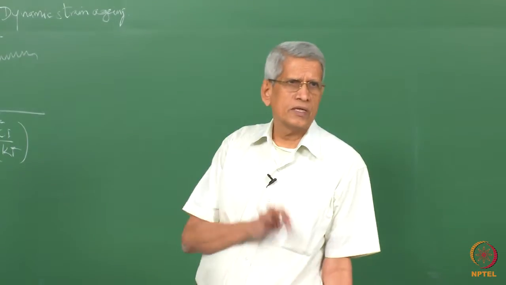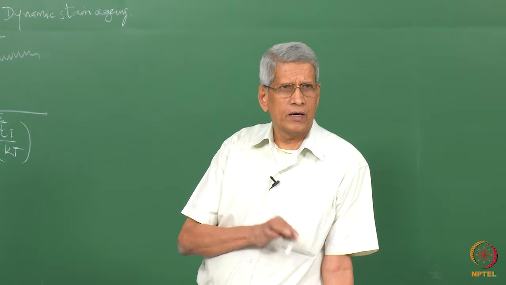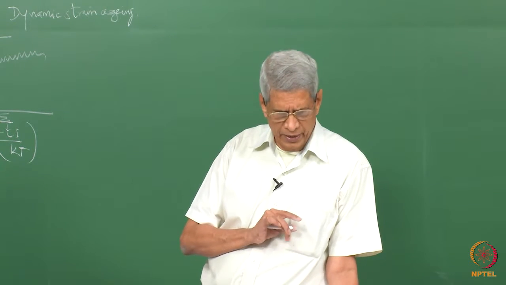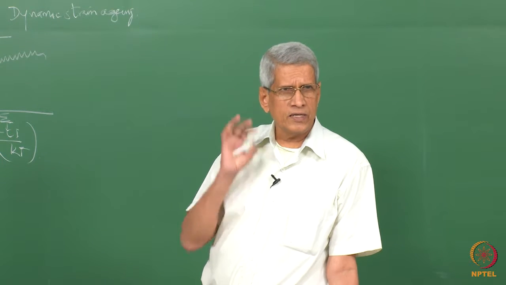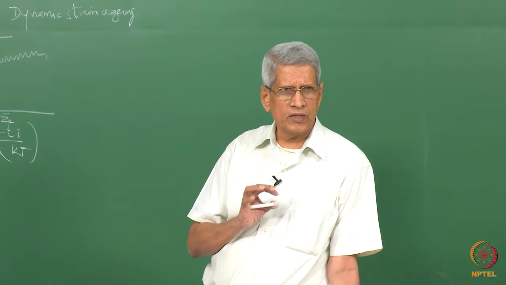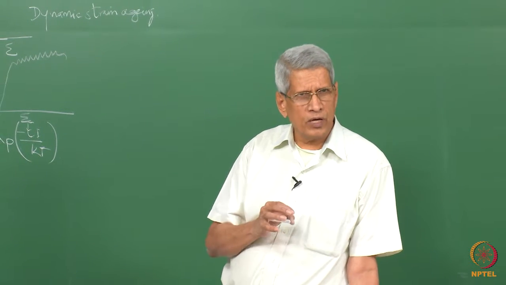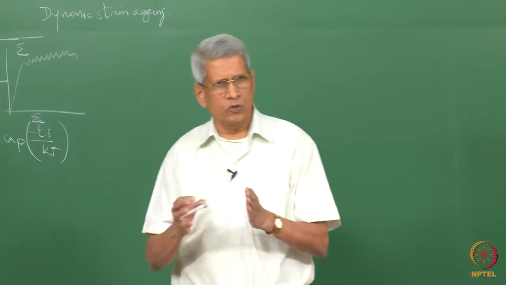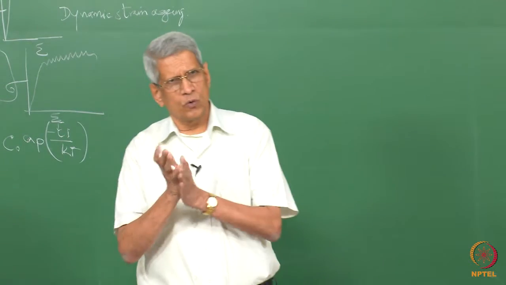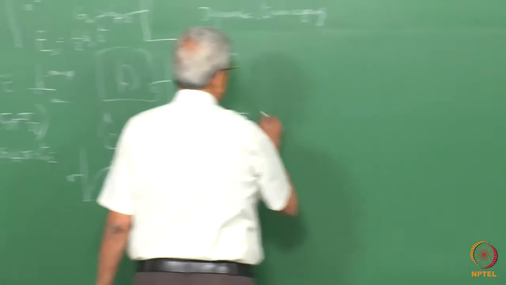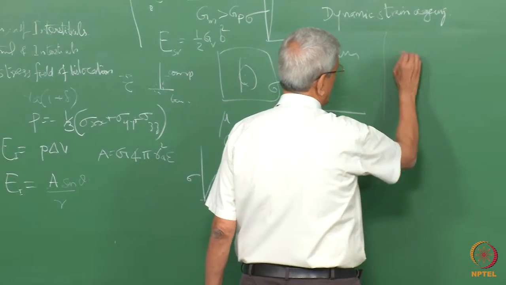Suppose these solutes are distributed uniformly in the lattice. Then the interaction with the dislocation can take place in two different ways. One is that the interaction could be very local, unless the dislocation comes close to the defect. That is, suppose a dislocation is there and some defects are distributed like this.